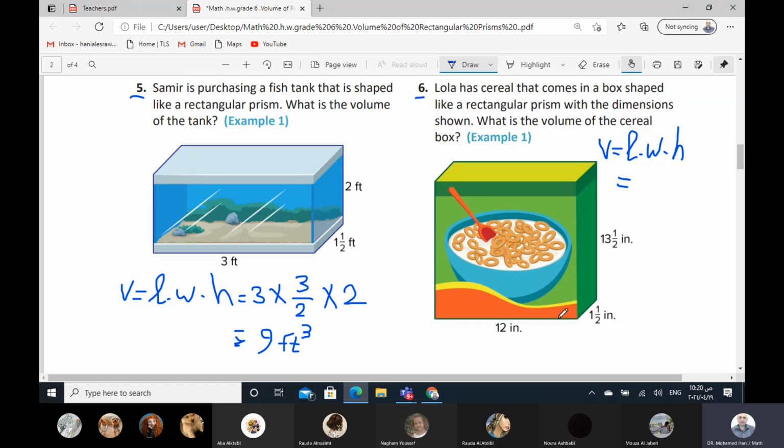So the length, as you see here, is 12 times the width, 1.5. 1 times 2, 2 plus 1, 3, so 3 over 2, times 13.5. 13 times 2, 26. 26 plus 1, 27 over 2.